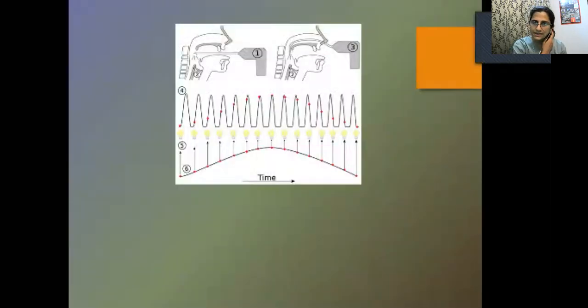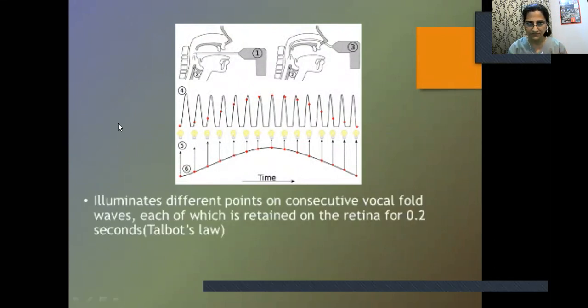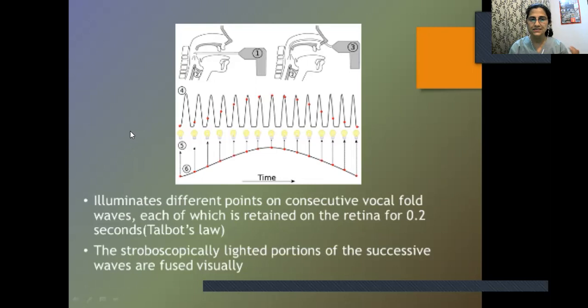So what it actually does, these flashes of light flash at a regular interval, so they flash at successive phases or points on consecutive vocal fold waves, and each image is retained on the retina for 0.2 seconds, according to Talbot's law. And these images are then fused visually to give you the strobe effect.